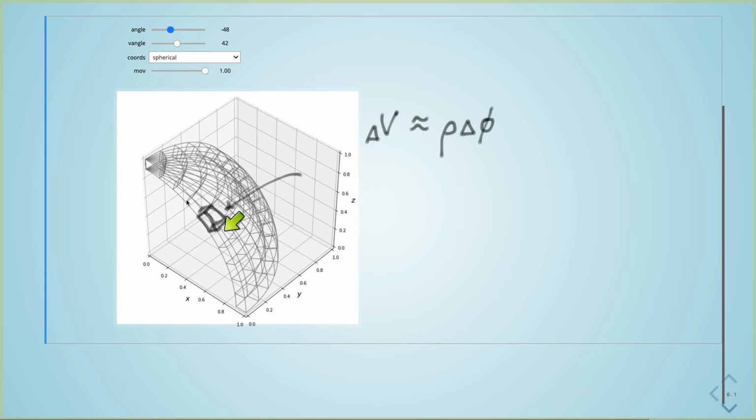The thickness there is just delta rho. That's the thickness here. And then the tricky one is on the inside here, or rather the distance this way, right here.